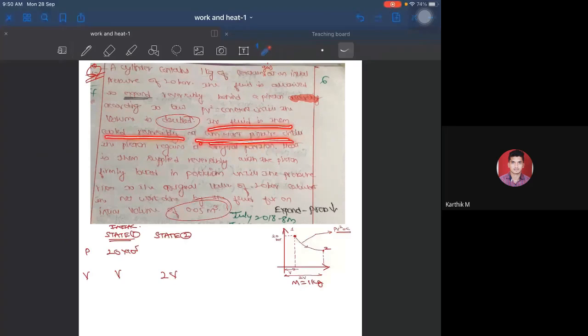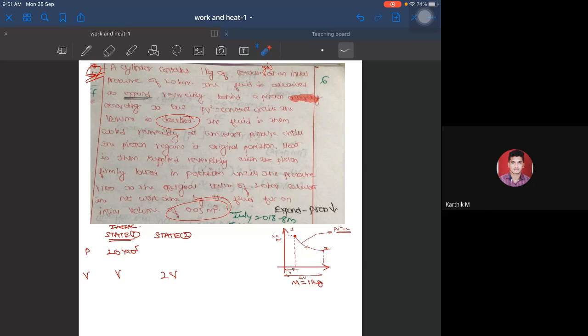So if a certain amount of fluid is cooled, what happens to its volume? Whether the volume will decrease or increase if a fluid is cooled? Increase. Decrease.